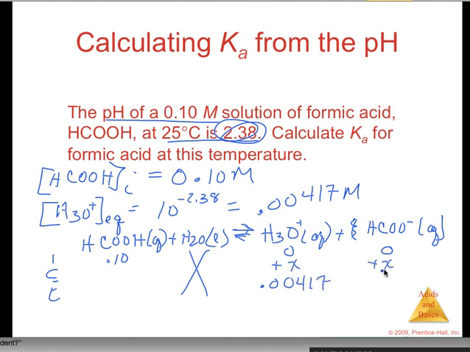Since the stoichiometry says that the same change for the hydronium is going to happen for my anion, the stoichiometry change here is minus x. So I would get 0.0958, and 0.00417.